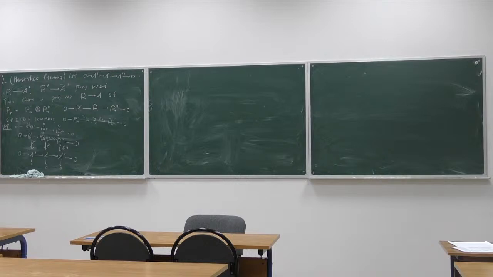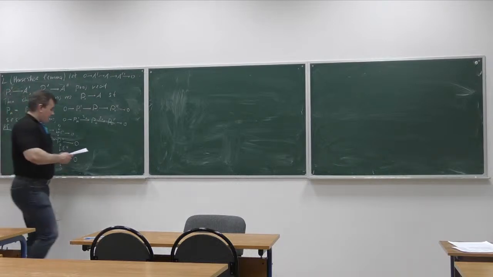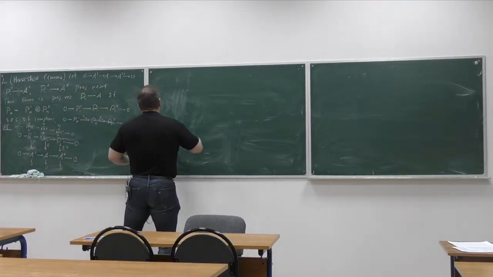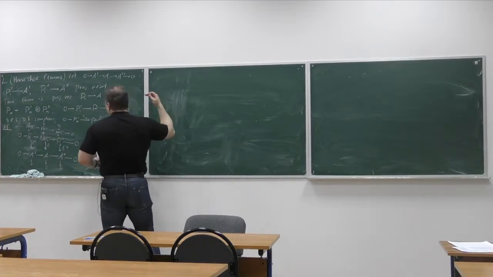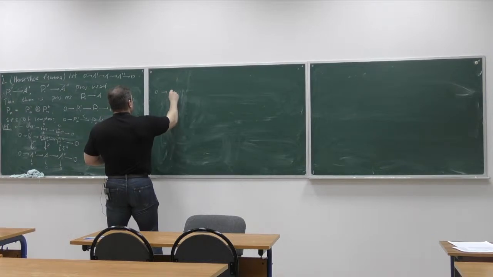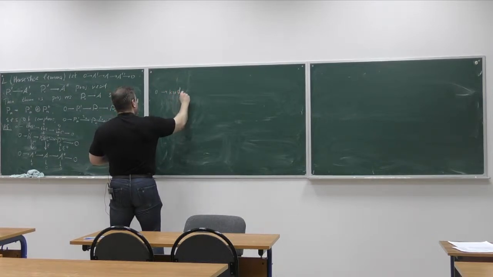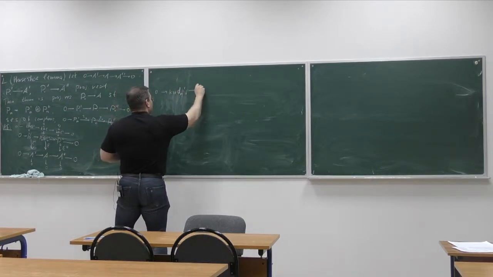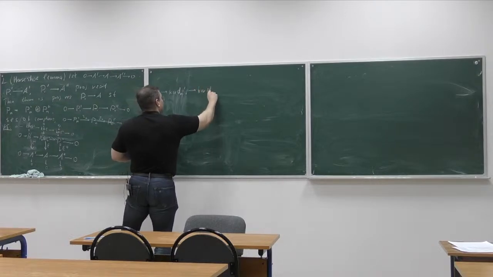So this finishes the base of the induction, and to do the induction step is more or less the same argument. I assume that I have a short exact sequence for the kernels that I obtained on the previous step.